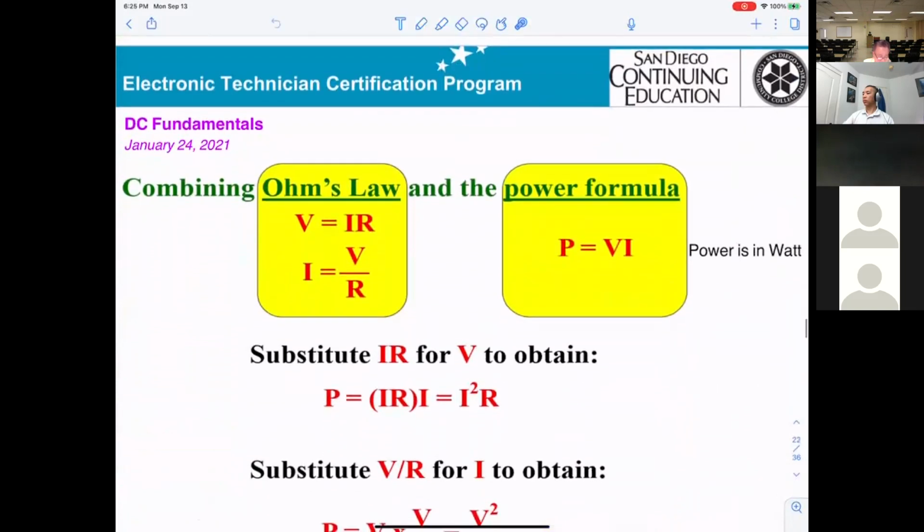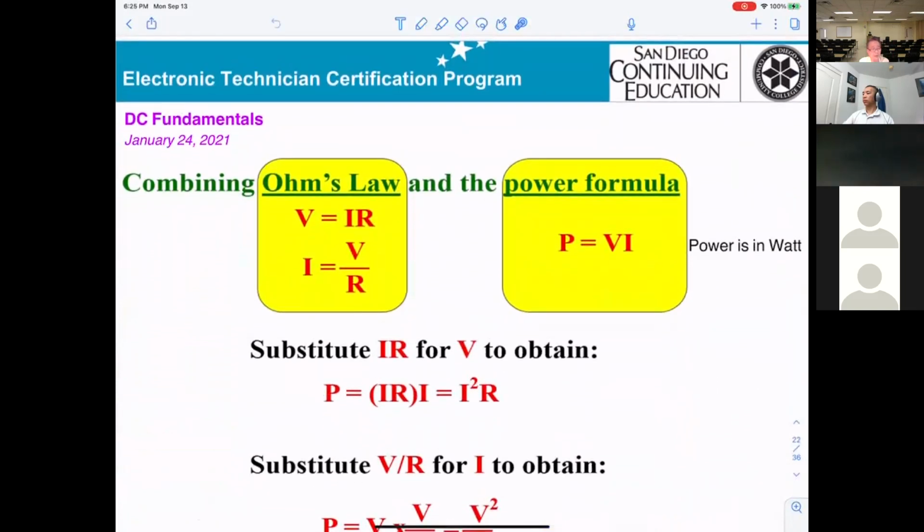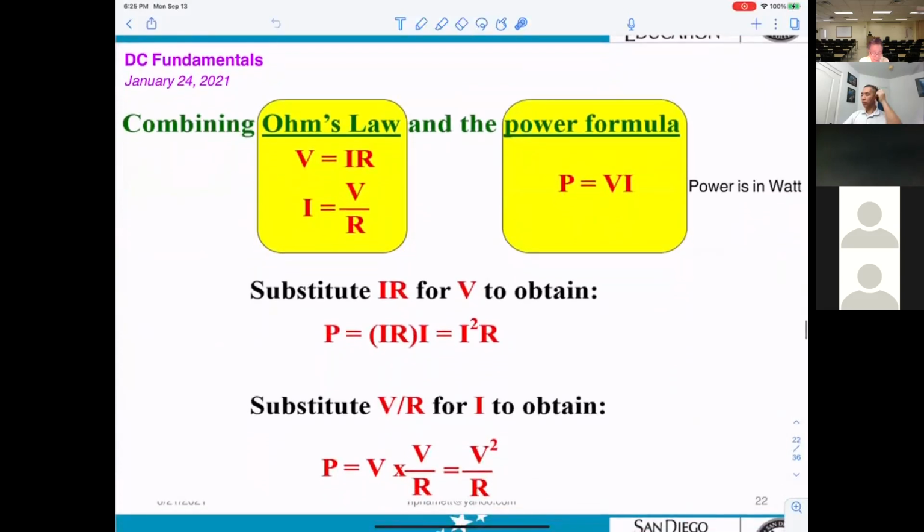And also, they give you the formulas to calculate the power. You get a total of 3 formulas to calculate the power. You can use P equals V times I. Okay. Or you can use the formula P equals I squared times R. And the last one will be V squared over R. However, either formula, they work the same.